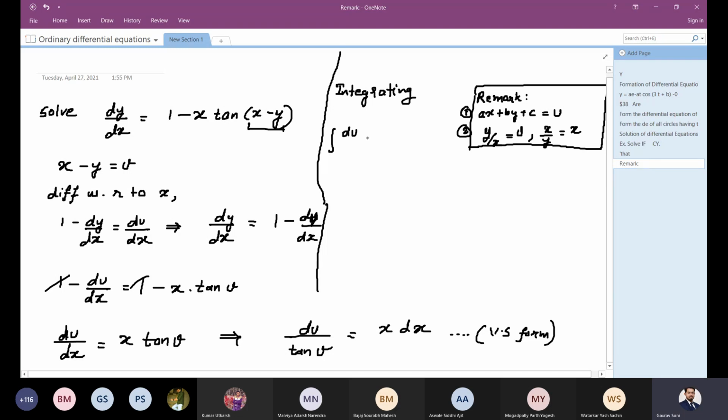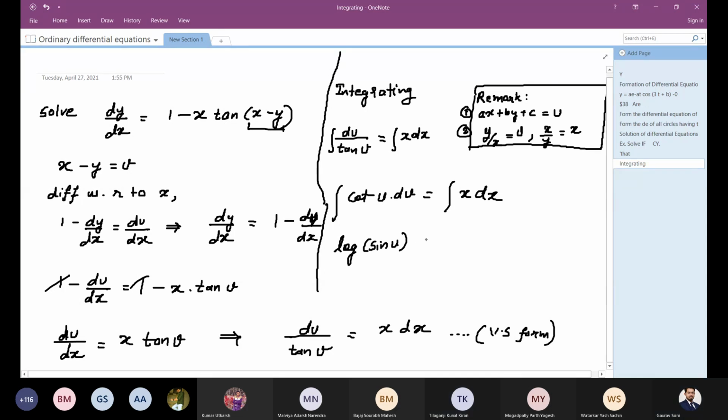Integration du upon tan u is equal to integration of x dx. So integration of 1 upon tan, which is cot u du, is equal to integration of x dx. Integration of cot u is log of sine u, equal to x square by 2 plus c.